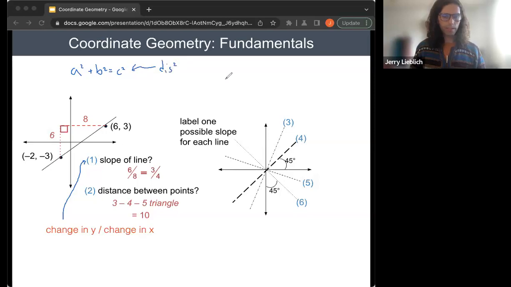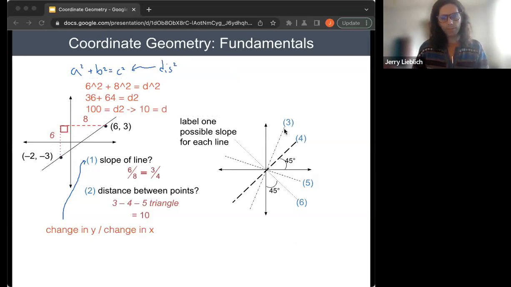So we could do this as 6 squared plus 8 squared equals our distance squared. So 36 plus 64 equals distance squared. 100 equals the distance squared. So 10 equals our distance. So you can just think of it like the hypotenuse of a right triangle.